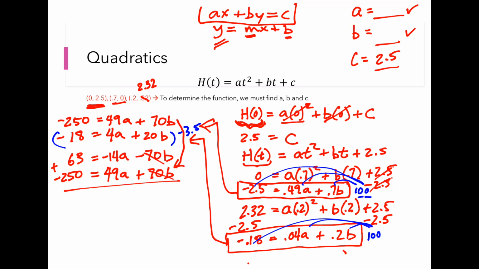Here, b is eliminated, and 49 minus 14 is 35, so I have positive 35a, and negative 187 here. Dividing both sides by 35, I get a is equal to negative 5.34.